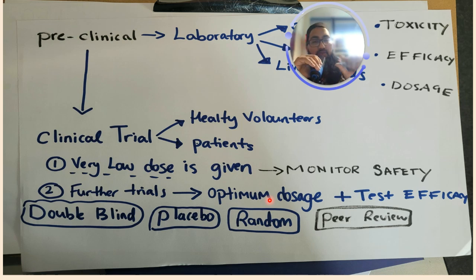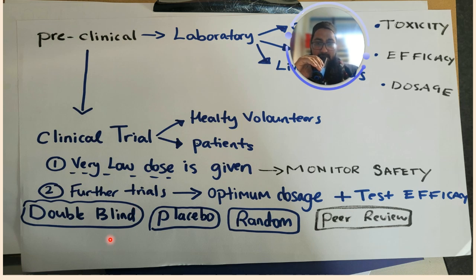How much of the drug should the person take in order for this medication to be the most effective? That's optimum dosage. And also we are testing for efficacy. That's another point. And efficacy means is this medication going to work and cure or treat this disease or illness?